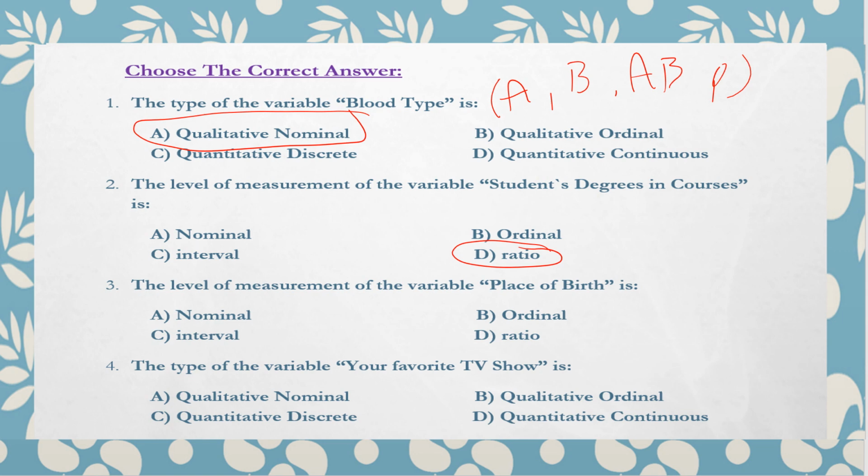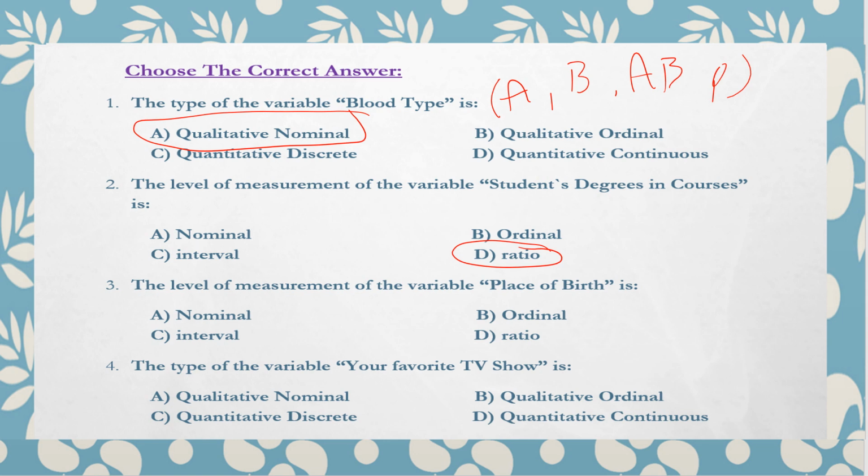Question number 3, the level of measurement of the variable place of birth. Place of birth could be any city. So this is a categorical data, and on the scale of the measurement, the nominal level of measurement measures the nominal data or non-numeric data that cannot be classified.